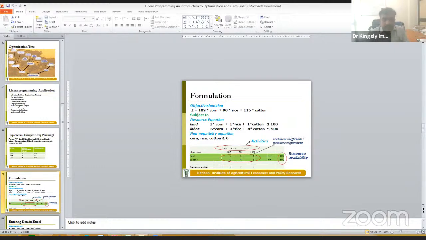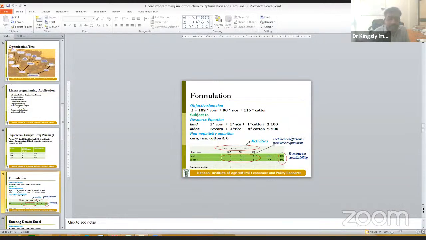So in the second equation, the labor equation, you read it as 6 times corn, where 6 is the labor requirement of corn times area under the corn, plus 4, the labor requirement to produce a hectare of rice times area under the rice, plus 8, the labor requirement to produce a hectare of cotton.